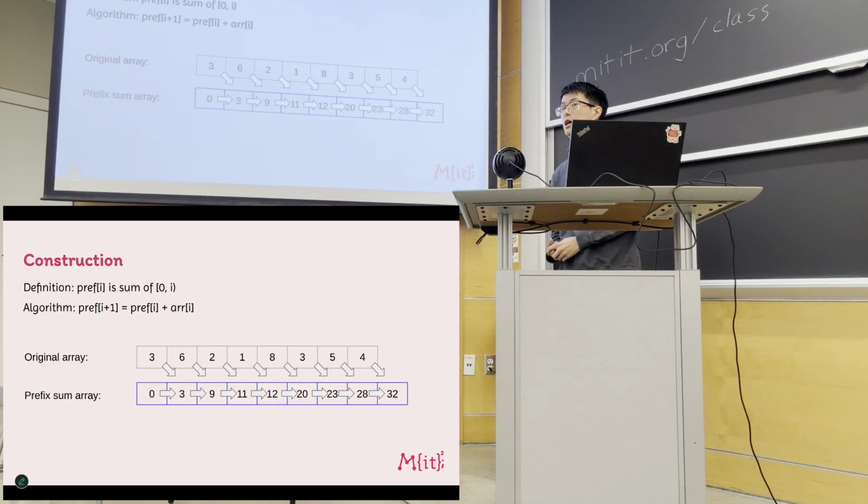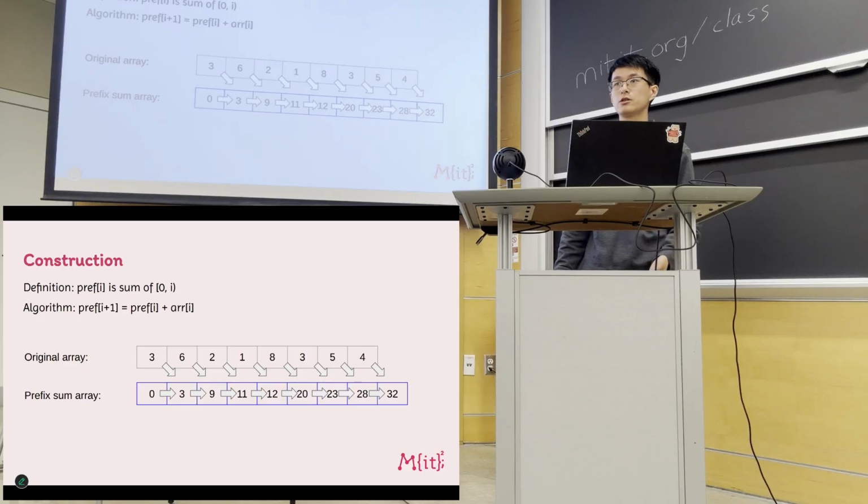For the time complexity, the construction takes O of n time. Each query, since we're just doing one subtraction operation, takes O of 1 time. So the total time complexity is O of n for the construction and then O of q for the number of queries, for a total of O of n plus q, which is a lot better than our brute force implementation of O of n times q.